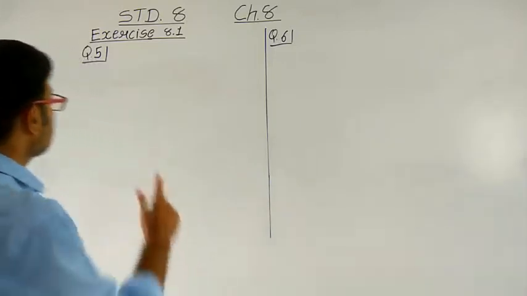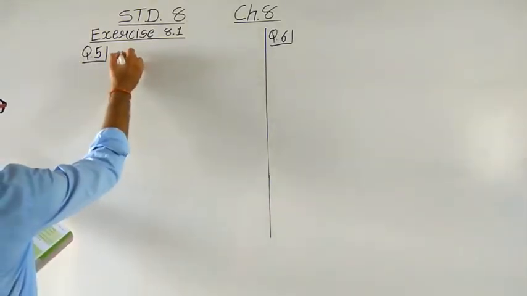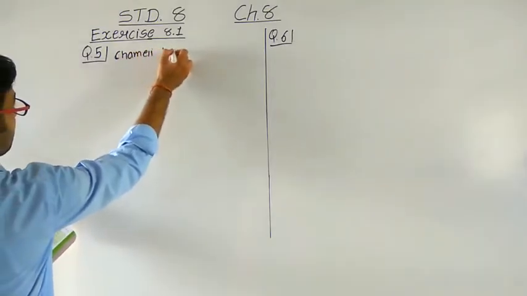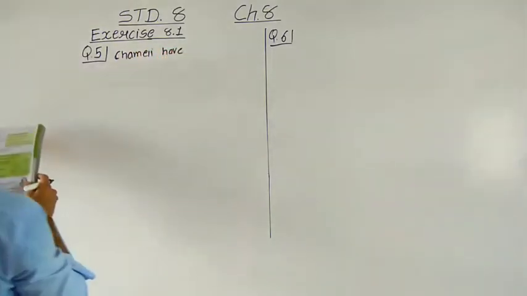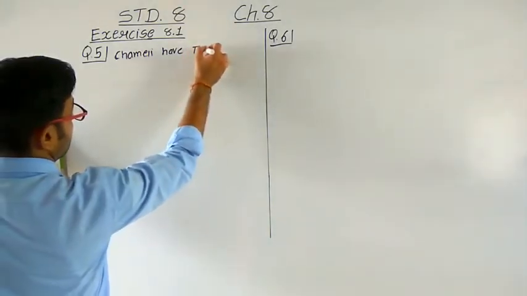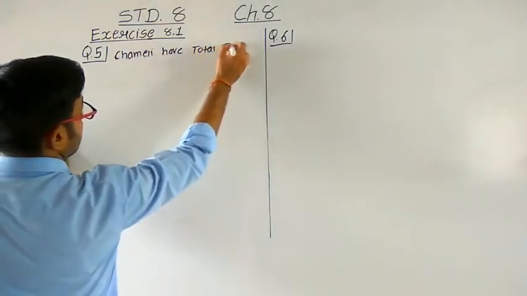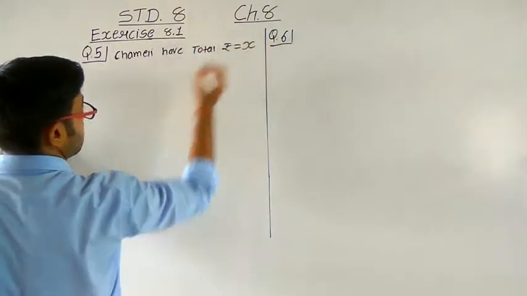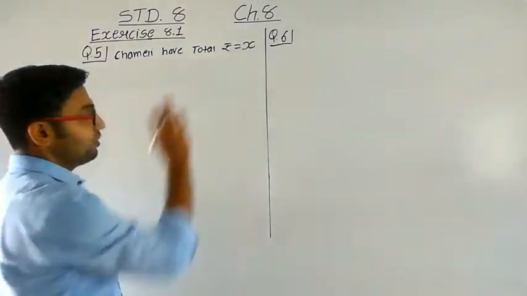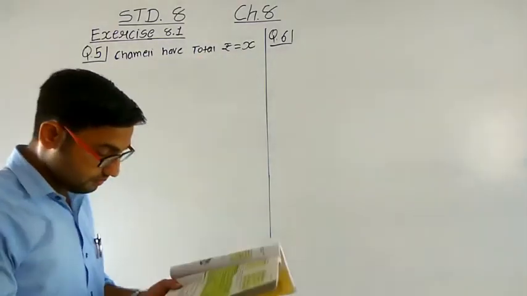So let us suppose Chameli has total rupees equal to x, right? So in the beginning, suppose Chameli has total rupees equal to x.